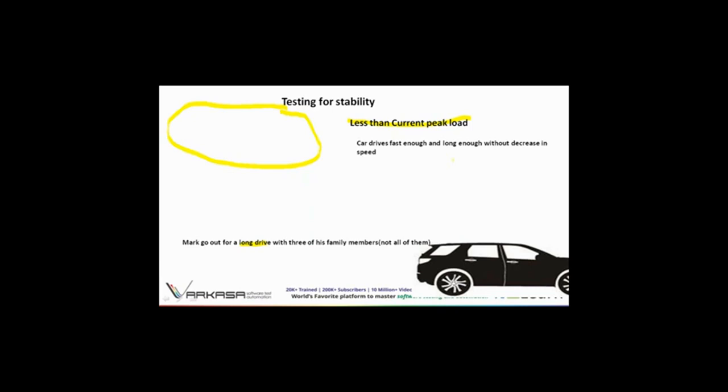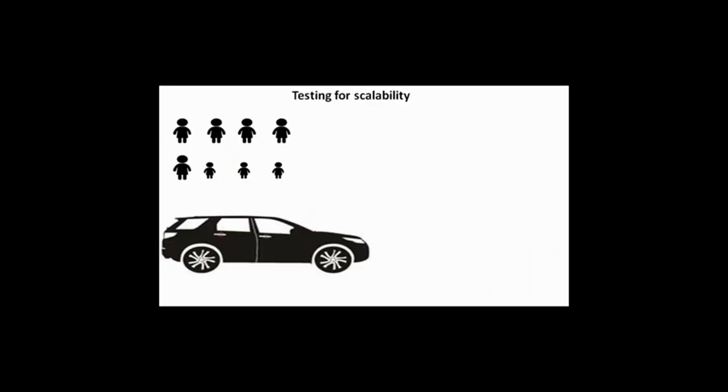And the third one is testing for scalability. Mark now realizes that before he buys this car, there is one more small test he will do. In the future, he might have 3 kids. He doesn't want to change the car at that point of time. So he thought, before I buy this car, let me have 3 kids in it.